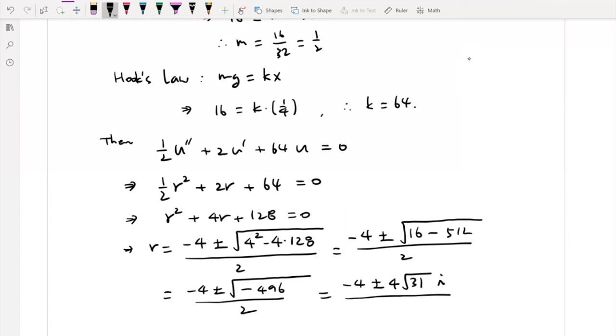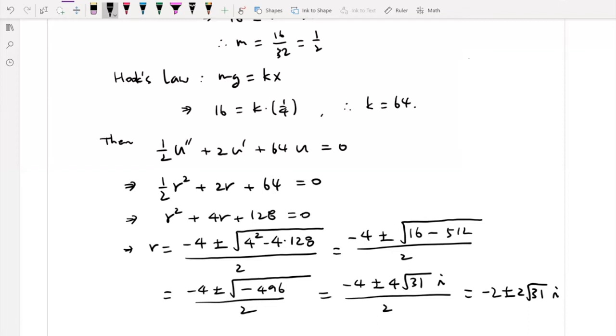So that is -2 plus or minus 2 square root of 31 i, which is complex form. We know the solution form of this one: exponential function with cosine and sine.